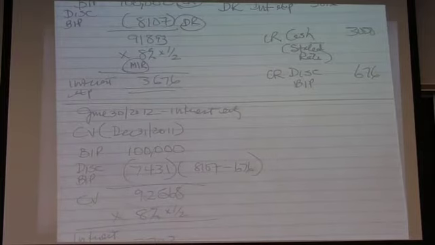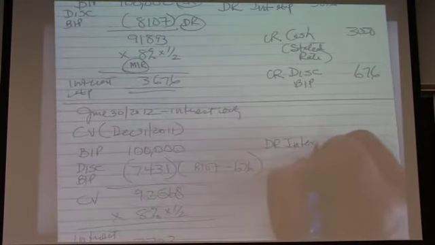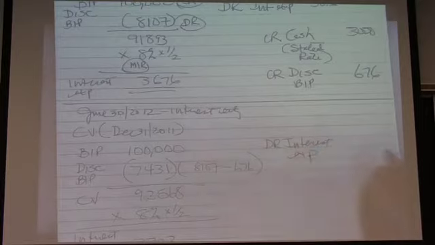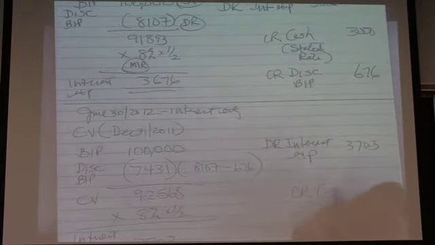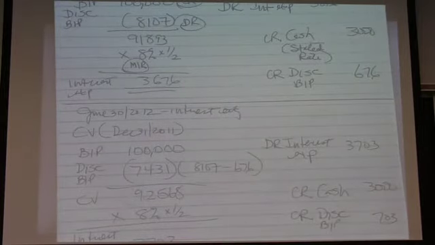So our liability is increasing, our interest expense is increasing as well. So our entry is debit interest expense, 3,703, credit cash, always the same, 3,000, credit discounts on bonds payable, 703.